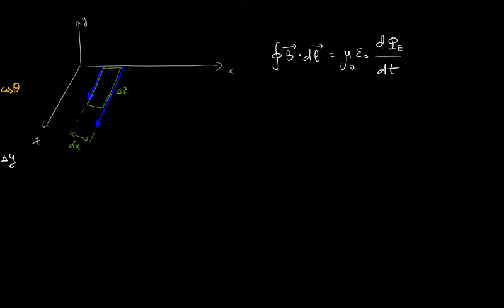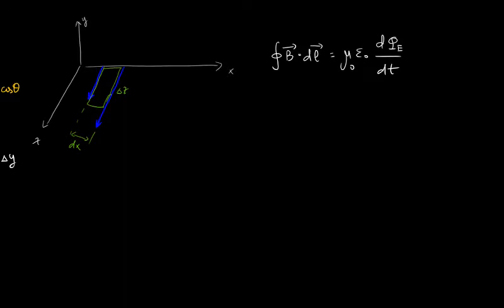By the way, we originally considered that there are no currents, no moving charges in the space, so it's free space, empty space. That's why the fourth equation is written in this form.